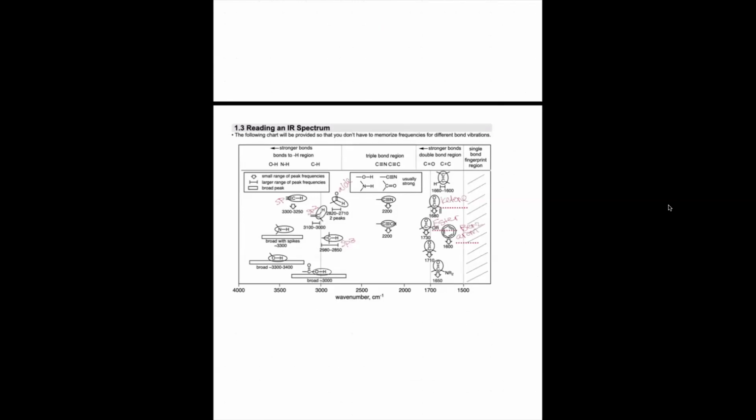I thought she had literally talked about this somewhere. Oh man. Because she made a big point of saying you must have a dipole moment for there to be the IR radiation interacting with the bond.